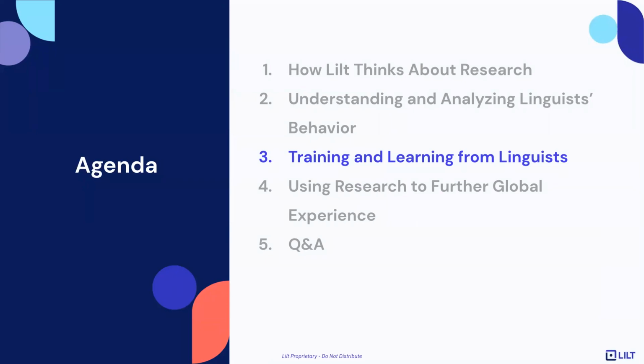What do we do with that information? We mentioned it earlier. It's not a one-way street, and we can't make assumptions, and we can't just take this data and say, great, nice that we have it. Those are some nice looking graphs. We have to do something with it. And so training and learning from linguists is a really key part of this entire conversation.